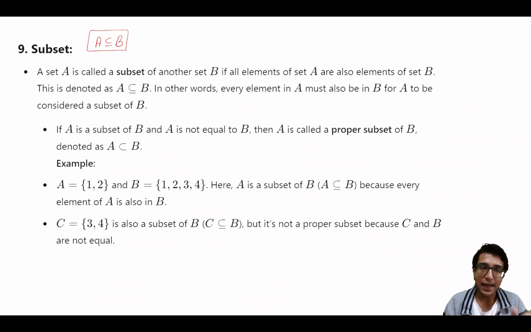Let's say in A we have 1, 2, 3, 4 and in B we have 1, 2, 3, 4. So still we can consider A is a subset of B, right? So when these two are equal, we represent our sets A and B in this format. And if they are not equal, then we call A a proper subset of B and it is denoted in this format.